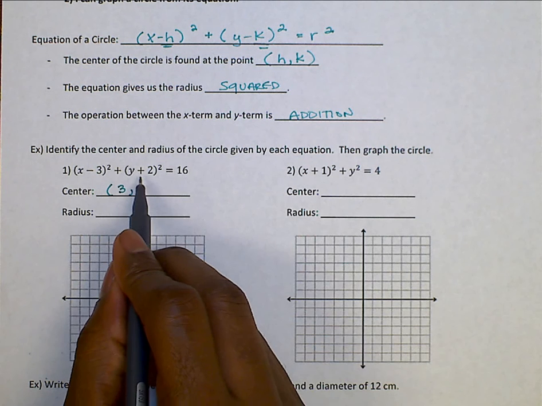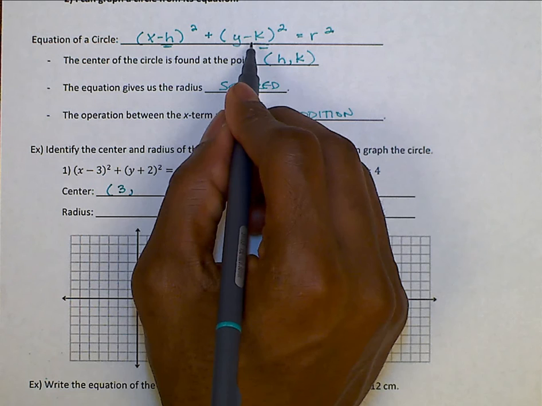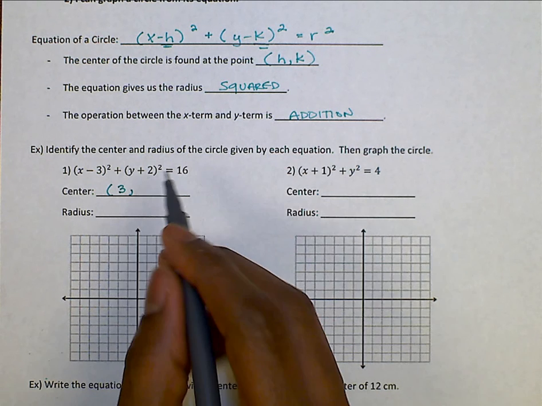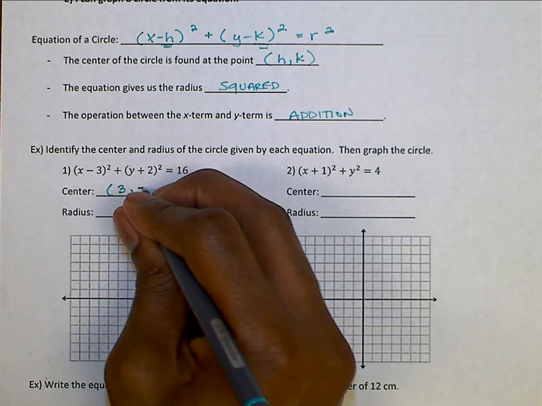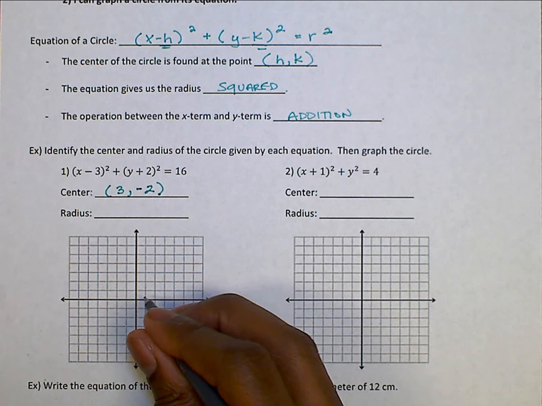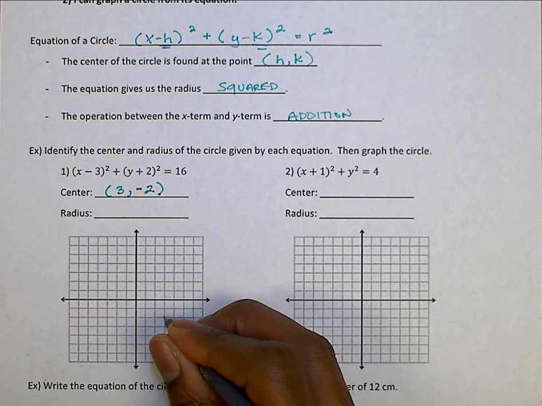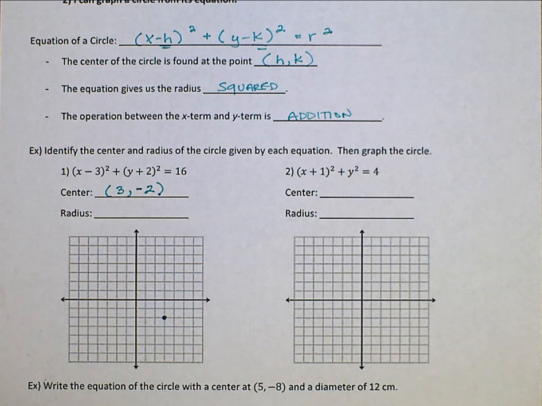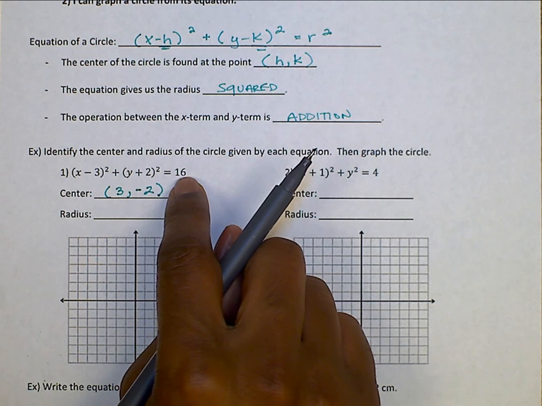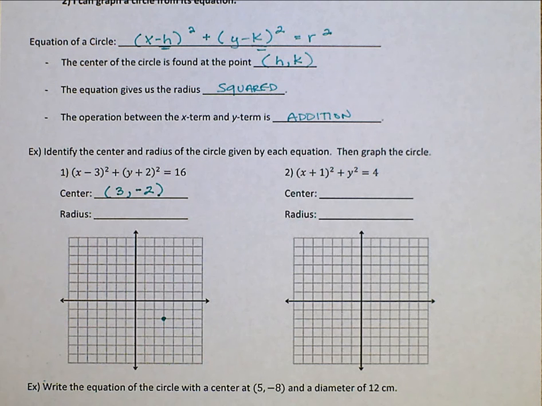Notice that it's minus k, but here it's plus 2. So in order for it to be positive, that must mean we're taking away a negative. So our center is at (3, negative 2). Our radius is in our equation here squared, so 16 is our radius squared, which means our radius must be 4.